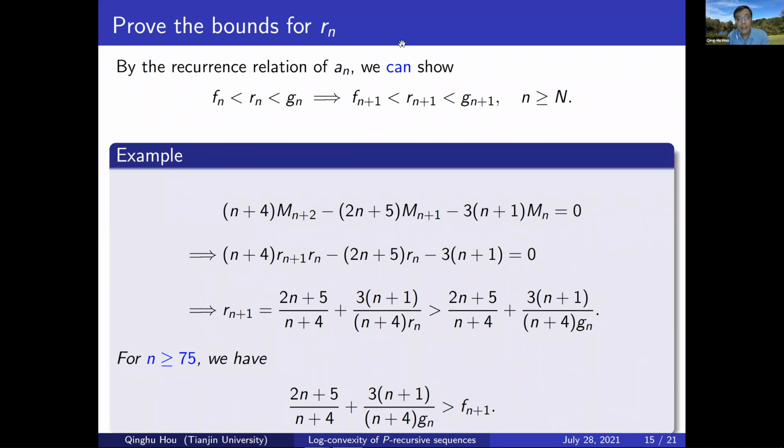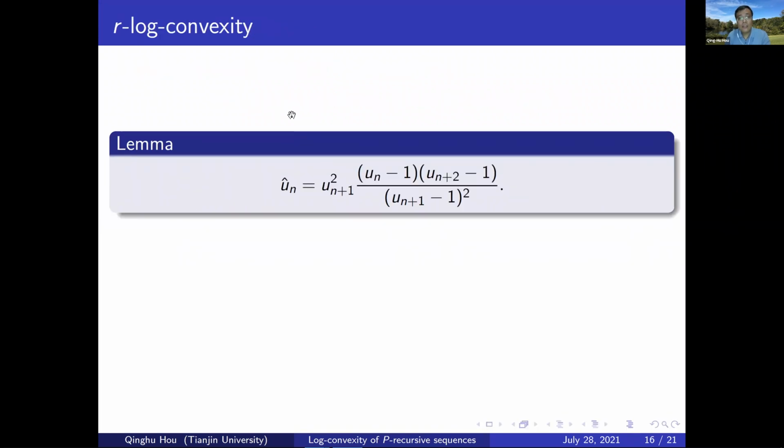In a similar way, we can prove that if R is bounded by f sub n and g sub n, then R sub n minus r sub n plus 1 is bounded by f sub n plus 1 and g sub n plus 1. Once we have the bounds for R, we then have the bounds for u sub n. The next step is to connect the original sequence and the sequence with phi applied.